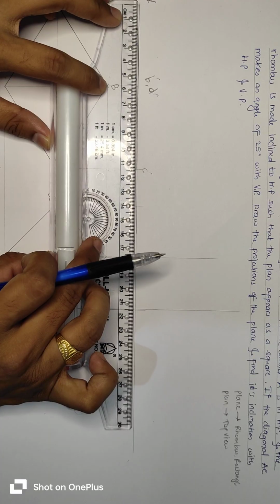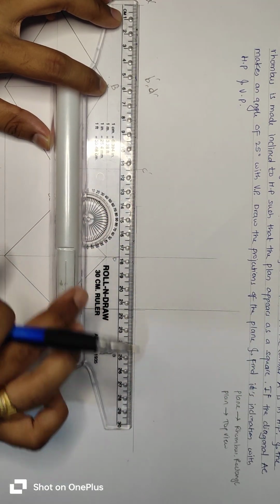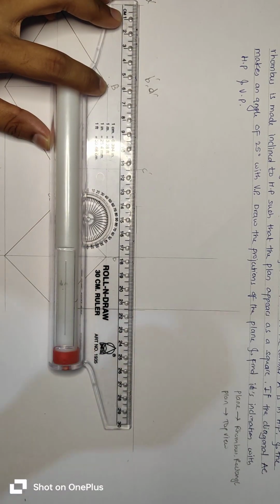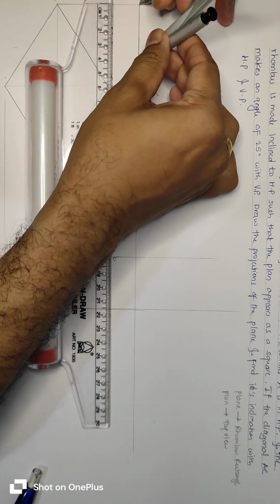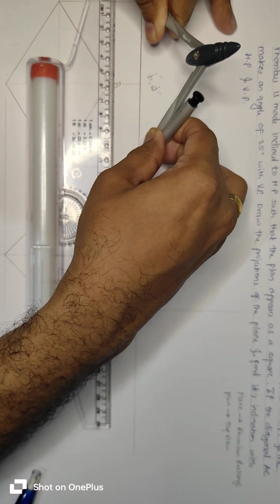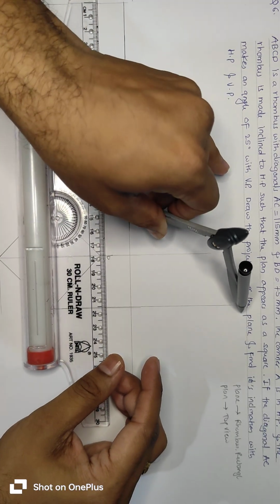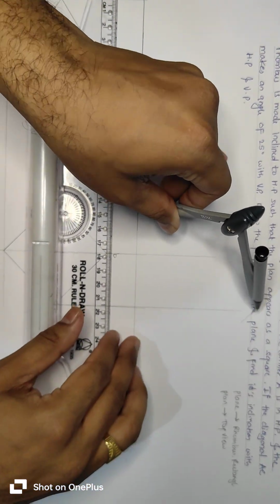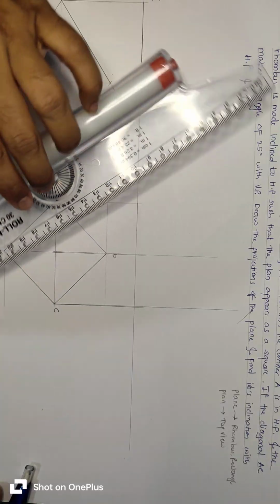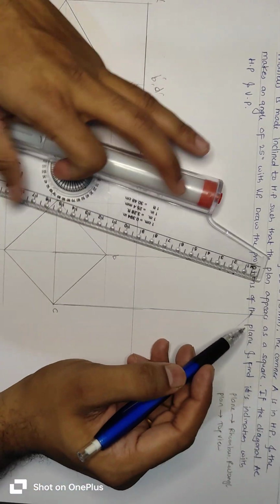The length of diagonal AC, if it is inclined, then the inclined length is equal to diagonal AC. So in the compass we will take this distance, which is equal to 11.5 centimeter, and from this point we will draw the arc on this line. So this is the actual inclination.